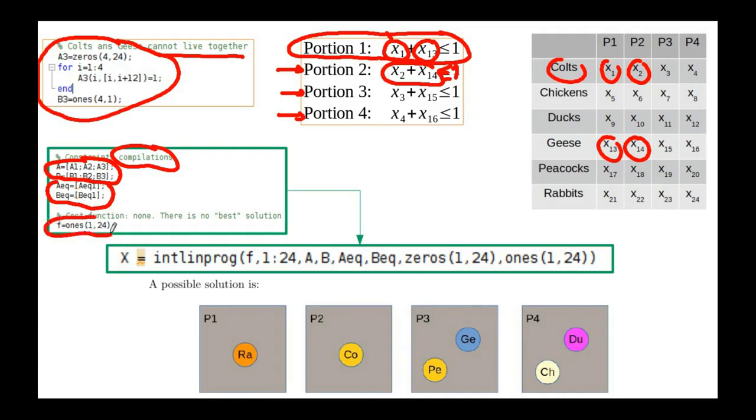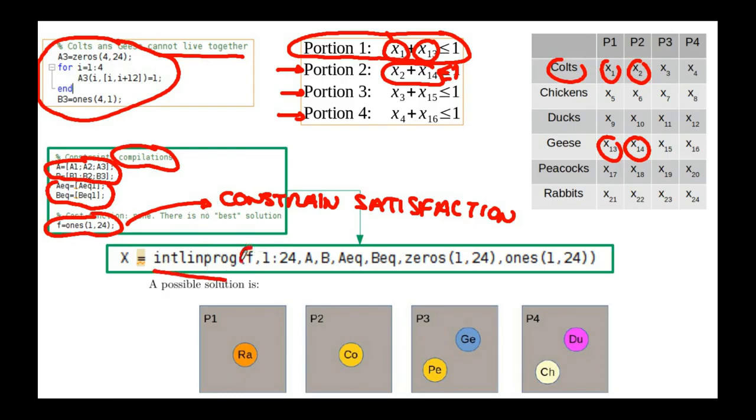The cost function, remember, because this cost function has no preferences, it's what I have called a constraint satisfaction problem, because we have no best solution. Any solution that satisfies all the constraints is good for us. So I called in linprog with the cost function, can you see here?